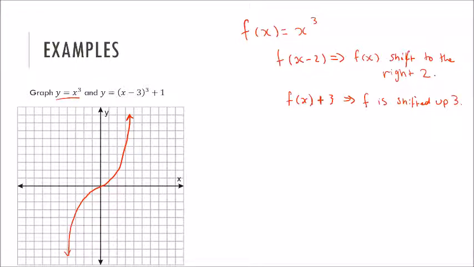So I'm mentioning all this again because that's really what's happening here. This is f of x minus 3 plus 1. It's our original function, substituting x minus 3 into my x to the power of 3 part, and then I'm going up 1. So what we really want to do here is, I'm going to use a different color, go across 3.